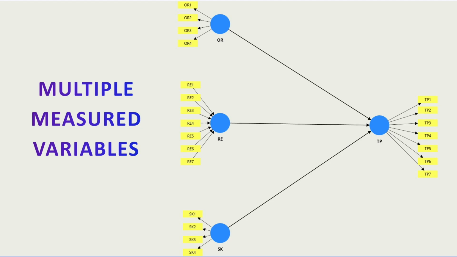What do you mean by measured variable? Something is latent. That means I cannot measure it directly. So, I have to measure it through some variable which I can measure, which is a measurable variable. So, what is a variable? This is the question in the questionnaire, or what you call the items.